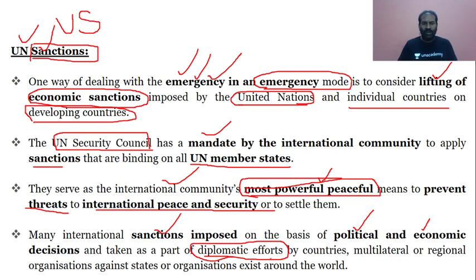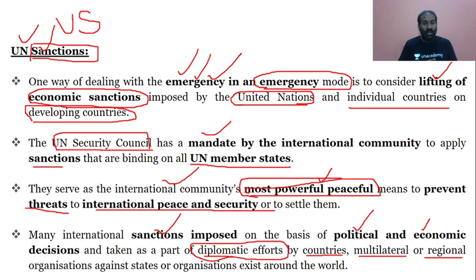So diplomatic efforts are taken by countries. It could be a single country deciding, such as the US, or multilateral or regional organizations. So sanctions can be part of the diplomatic efforts taken up by a single country, countries together, or a regional or multilateral organization.